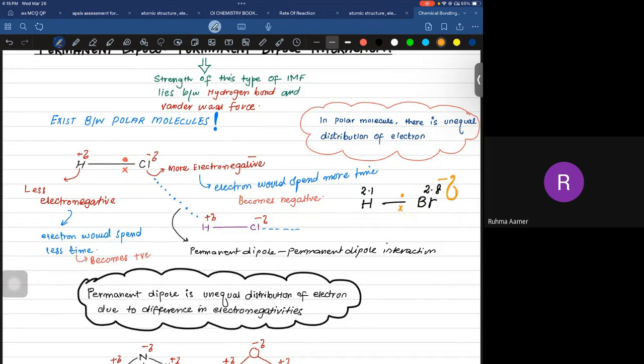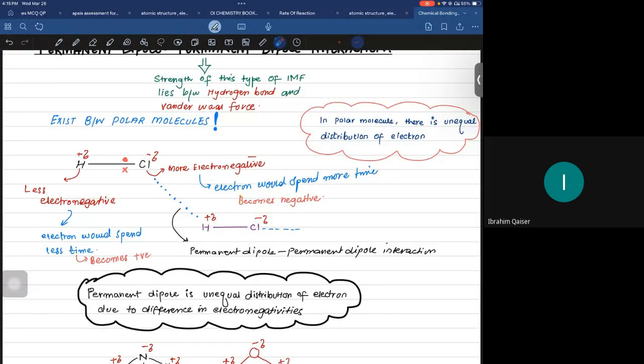Due to the lower electronegativity, hydrogen becomes partial positive, remember. To be more electronegative, you have to be on the right side of the periodic table, and you have to have a smaller atomic radius and a greater nuclear charge.